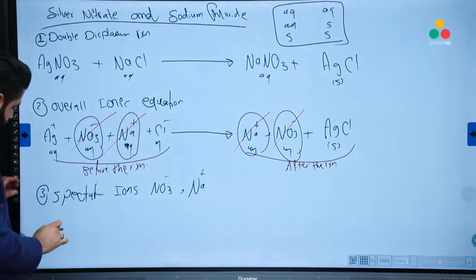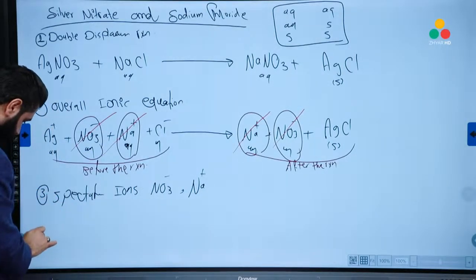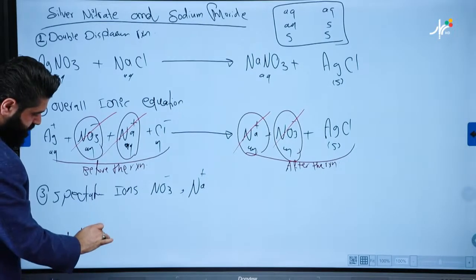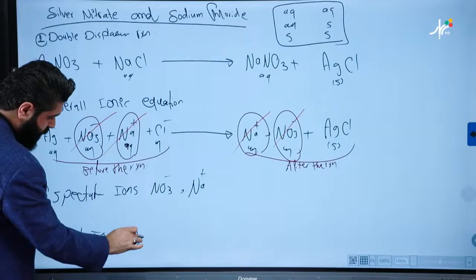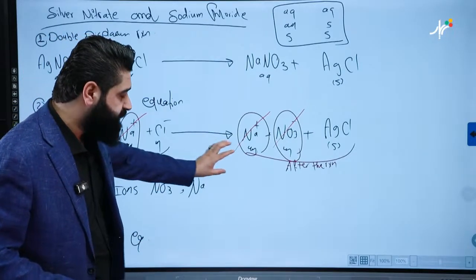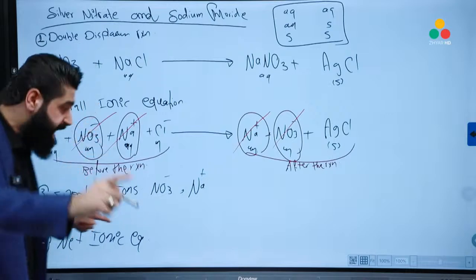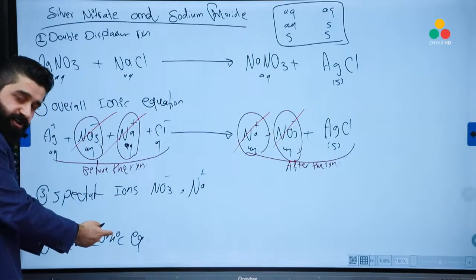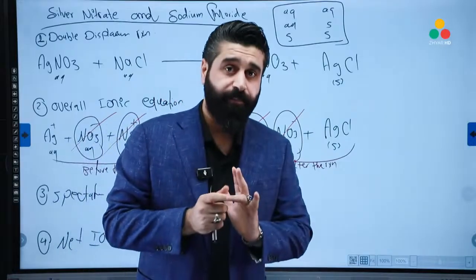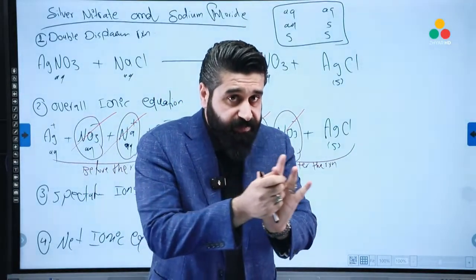The left part is the fourth point, which is called the net ionic equation, also called the best representation for the precipitation reaction.